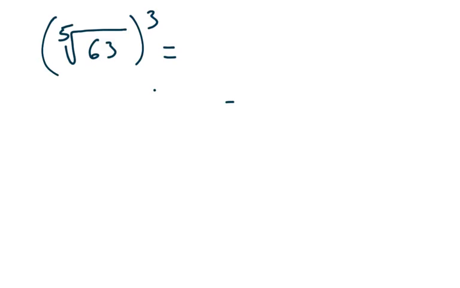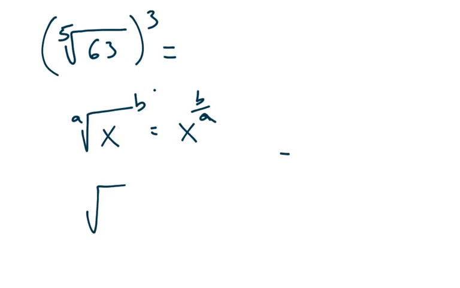Well, what we have to remember is that when we take the root of a number, let's call this A, let's call this B, this is the equivalent of saying that we're going to do B over A. So another way of looking at this is to recall that when we normally take the square root of something, we say it's 1/2.